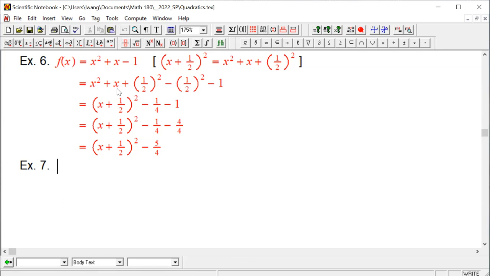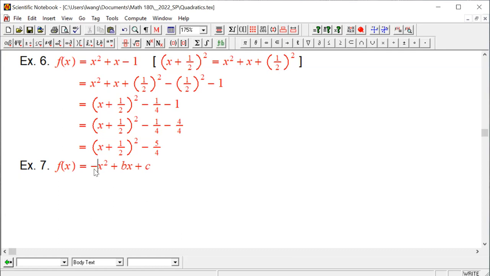The next question now, we're going to tweak it, right? Because our goal is to be able to make a perfect square for all of these forms, whether A is 1 or not. We know how to do it for A equals 1, right? So what if A is not equal to 1?